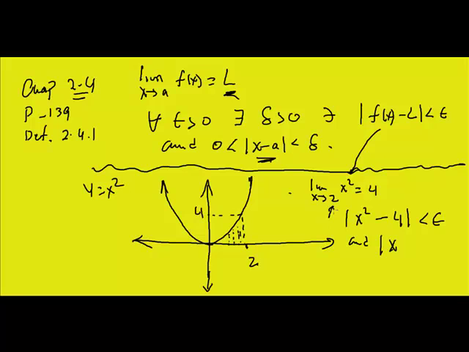In this problem, a happens to be 2, minus 2 is less than delta. If this is satisfied, then this is going to happen.